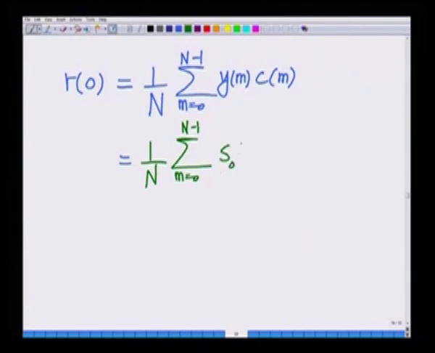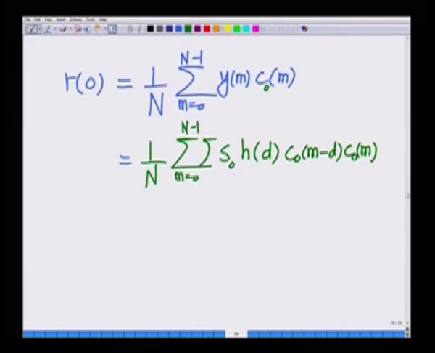s0 h of d times C0 of m minus d into C0 of m.